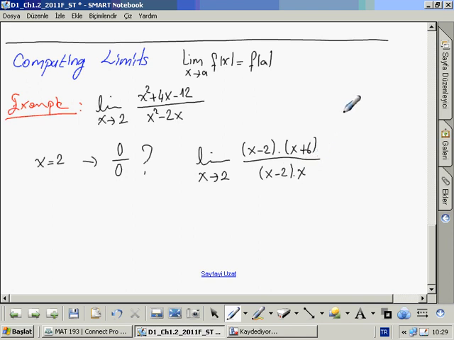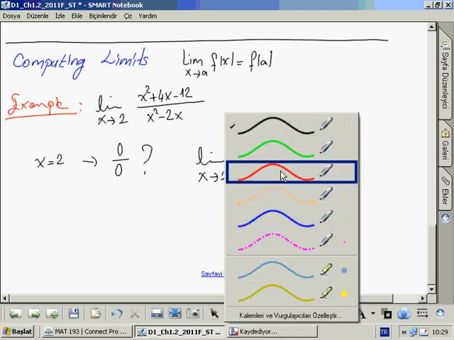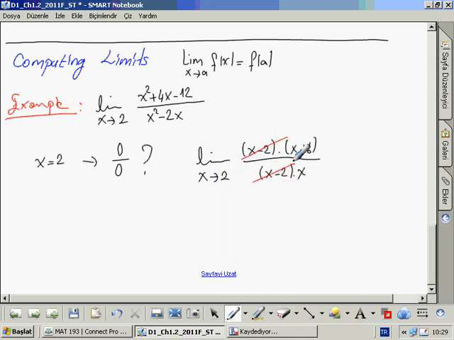And when you cancel this part, you will obtain the limit as x goes to 2 of x plus 6 over x.